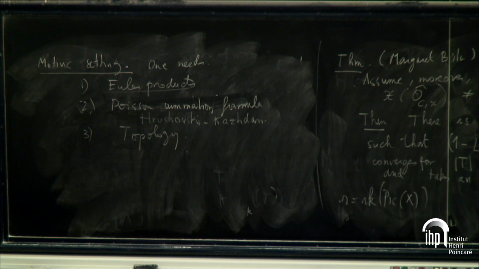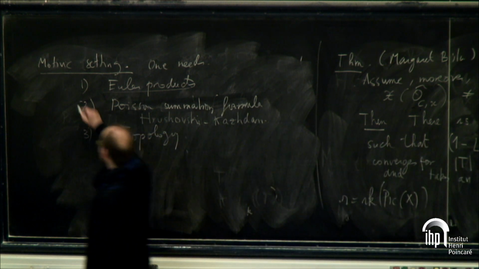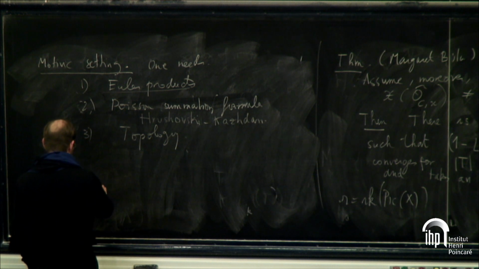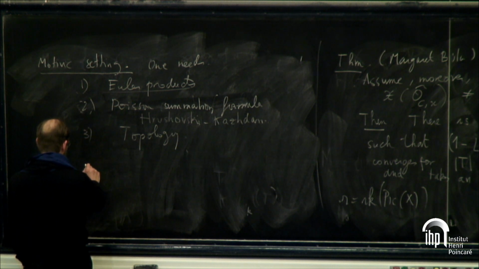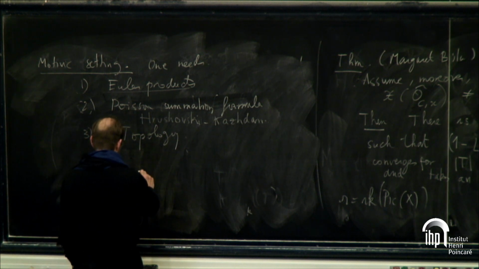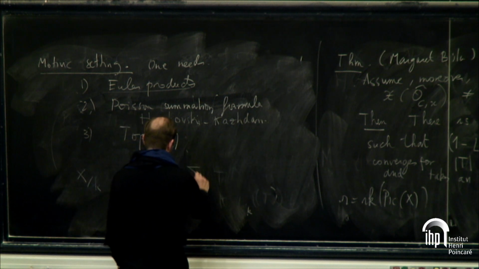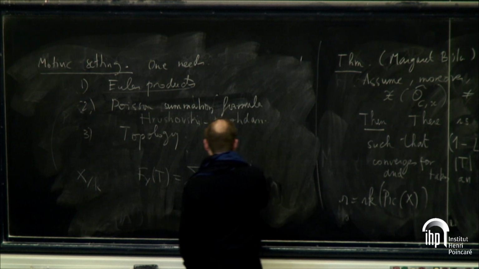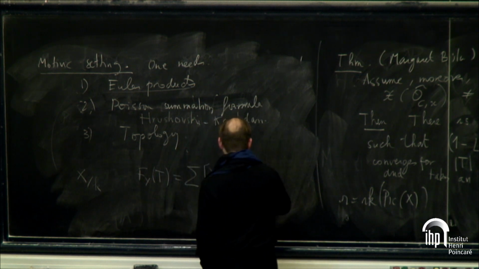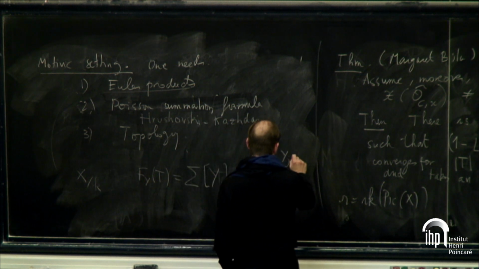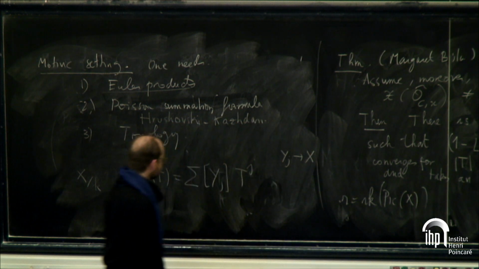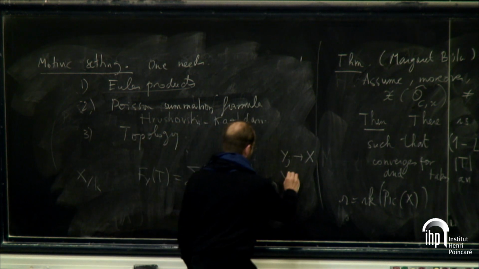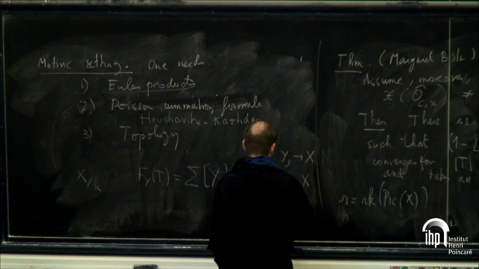And so she has a full definition of objects of this form. Take a variety X and take a class of the form F_Y(t), which is just the sum of Y_j t^j, where Y_j is some variety over X, and Y_0 is just X, the identity.